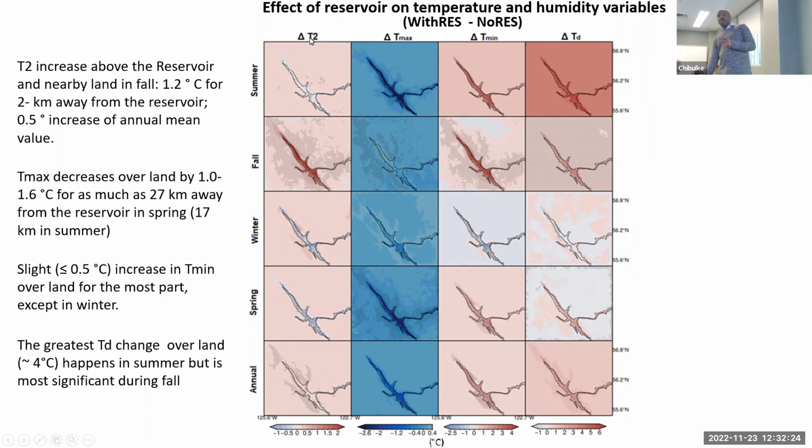So these are the air temperature, maximum air temperature, minimum, and these are dew points. You find a warming effect in fall for the air temperature, up to 1.2 degrees centigrade change, for about 2 to 5 kilometers of the surrounding area.